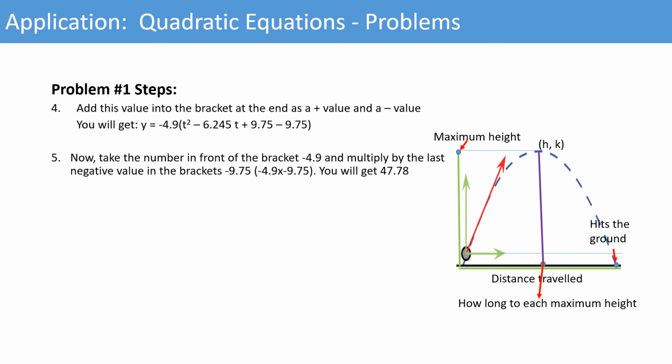When we do that math, we will get 47.78. Rewrite the equation using this new value. y equals negative 4.9 times t squared minus 6.245t plus 9.75 plus 47.78.